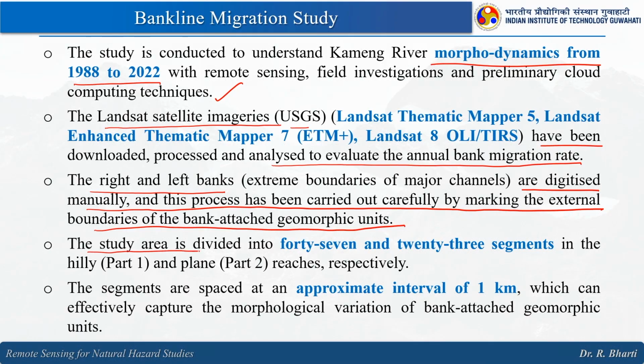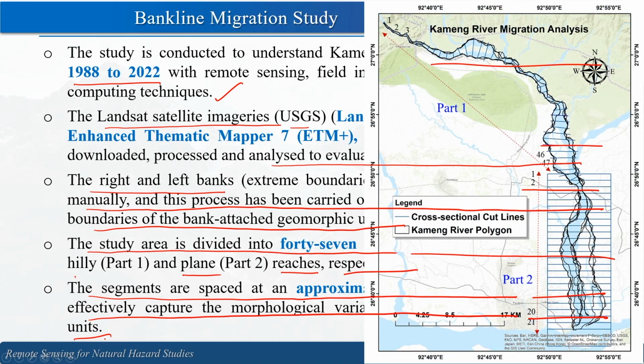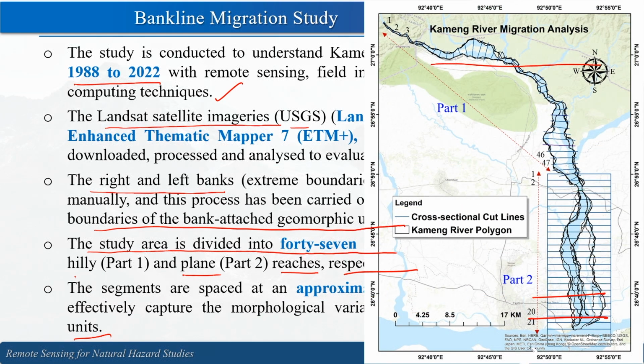The study area is divided into 47 and 23 segments in the hilly and the plain reaches respectively. The segments are spaced at an approximate interval of 1 kilometer, which can effectively capture the morphological variation of bank attached geomorphic units. Now, you will be able to perceive what I have already discussed.